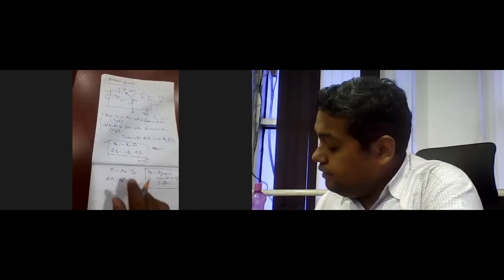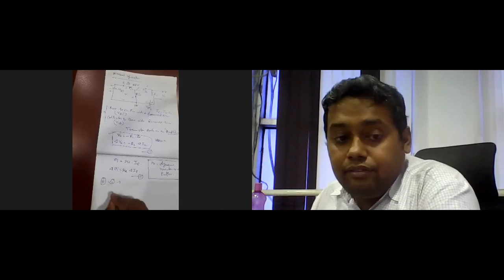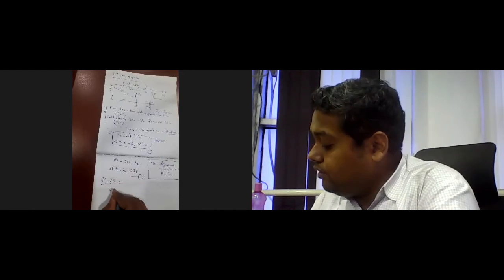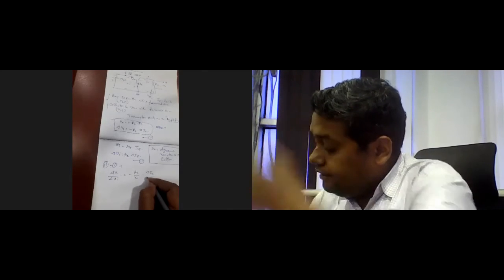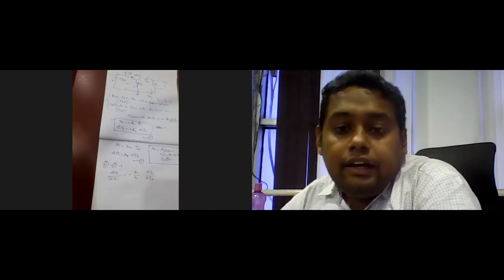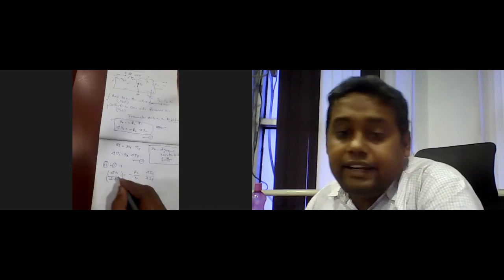Now if we divide 2 by 1, then, please give your concentration here, del V naught by del Vi is equal to minus RL by RE into del IC by del IE. Now del V naught by del Vi, what is the meaning?